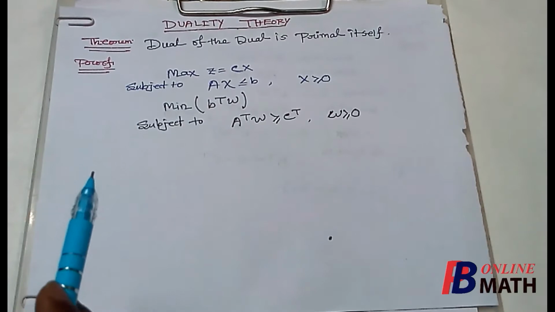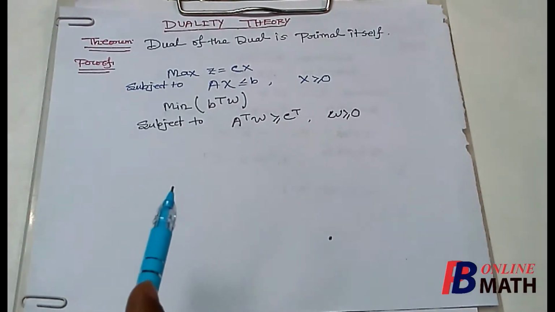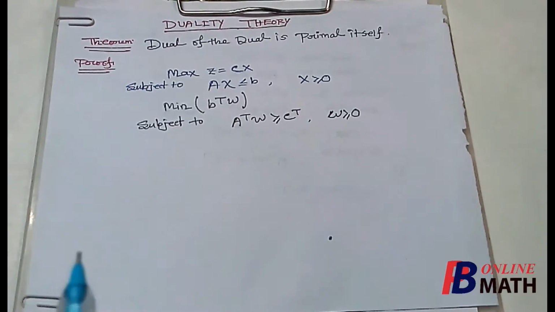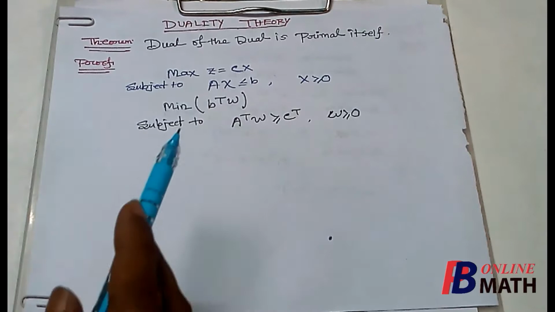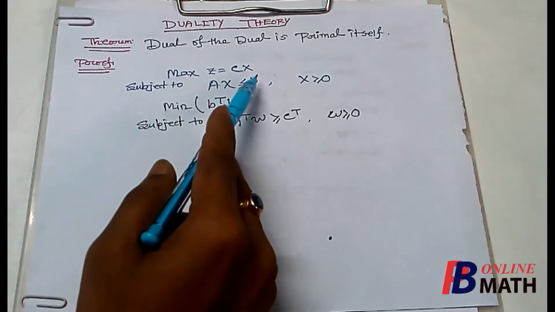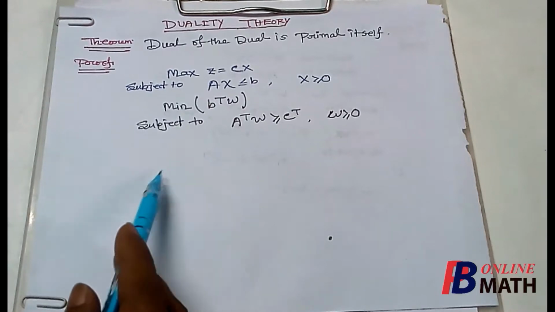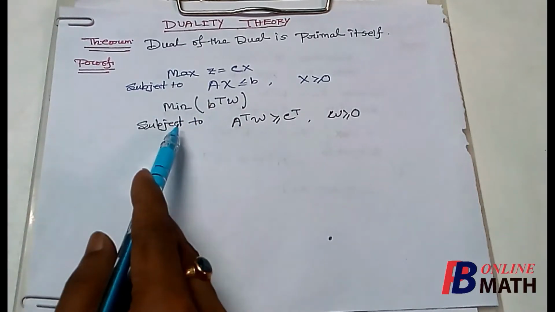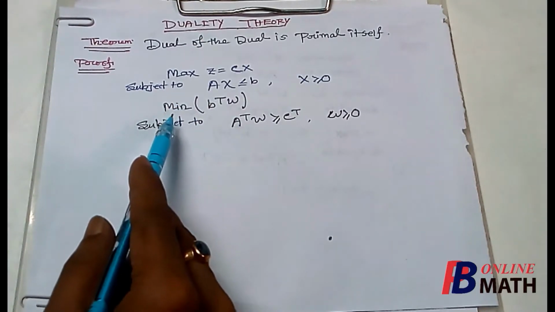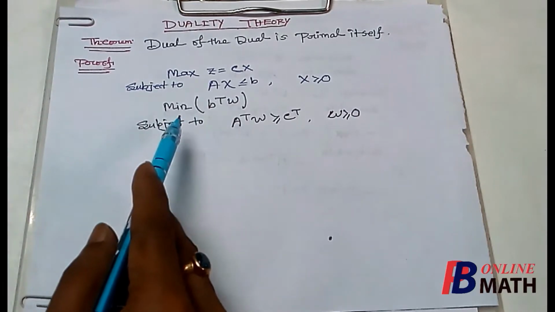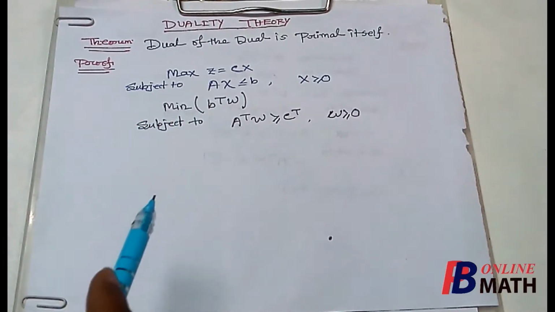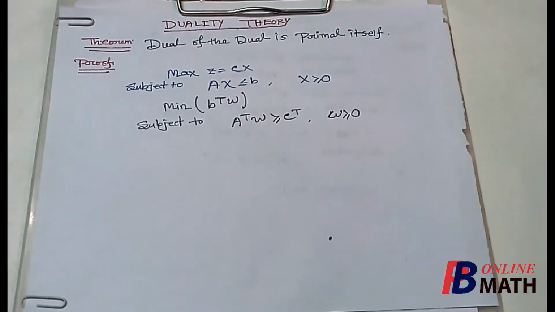Now in our previous part we discussed that for the primal problem we write the problem as a maximization problem. Initially we have assumed the primal problem as a maximization problem. So if we want to find the dual of this dual, then we first convert this problem to a maximization problem, and after that we shall find its dual.